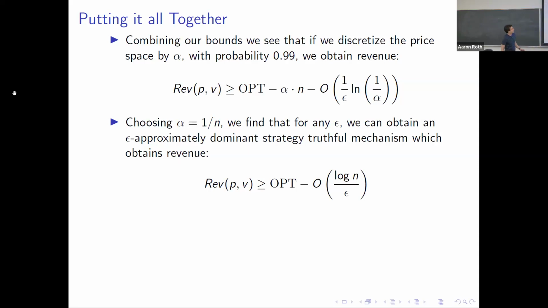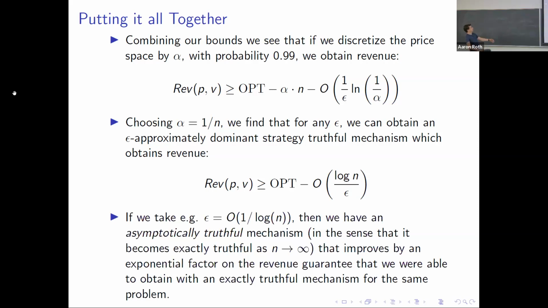But there are still attractive ways to set that knob. So for example, we can take epsilon to be something that goes to 0 as a function of the number of bidders. For example, 1 over log of the number of bidders.